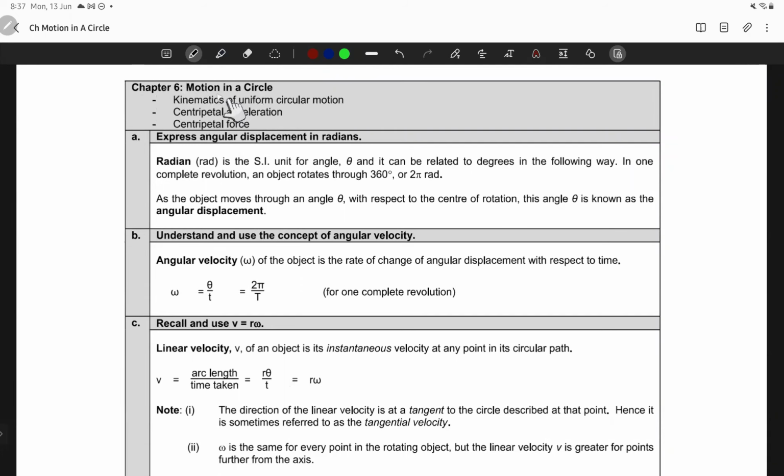Chapter 6 of your textbook, and that's motion in a circle. Basically, we discuss in this the kinematics of circular motion, uniform circular motion.